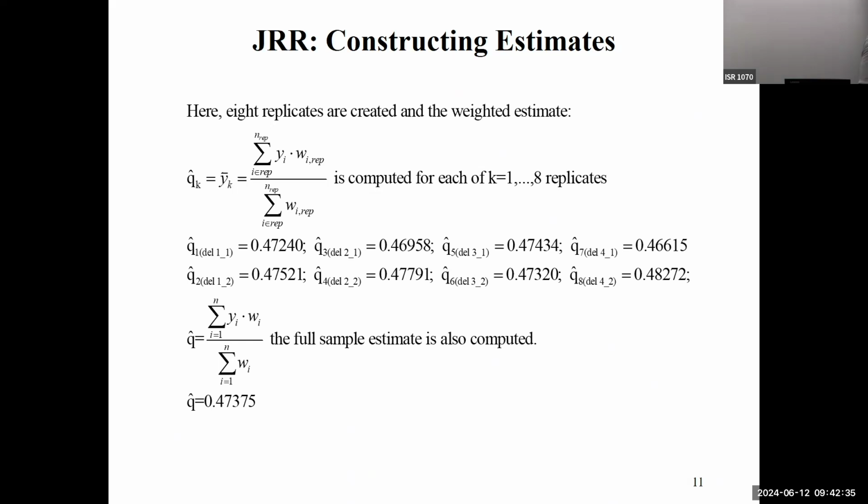That's the essential information for our variance estimation. We also compute the full sample estimate the exact same way we would for any other procedures, using our standard procedures that we've talked about. In this data example, that full sample weighted point estimate is 0.474 roughly. This is everything we need to make our inference.